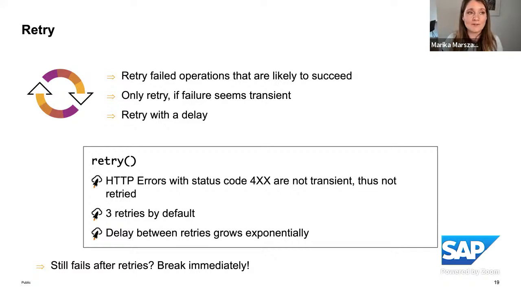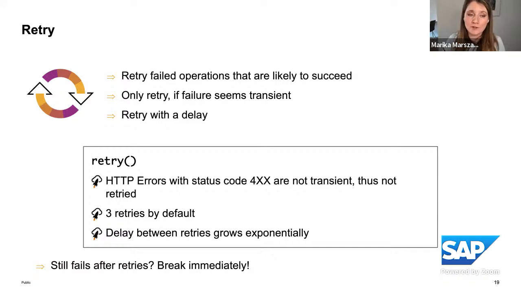With the default implementation of the SAP Cloud SDK, we believe that HTTP errors with status code 400 something are usually not transient. If you imagine a bad request, for example, it will mean that your request is wrong somehow. Authentication issues are usually a problem with authentication. So repeating it probably will not bring a different result, and therefore those are not repeated.